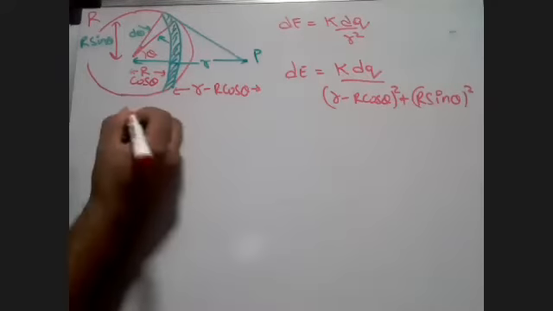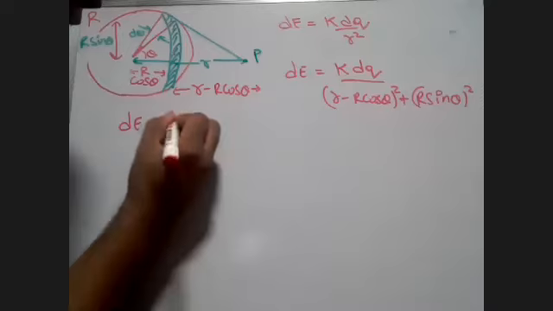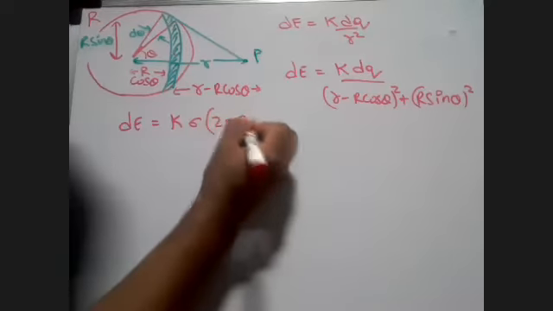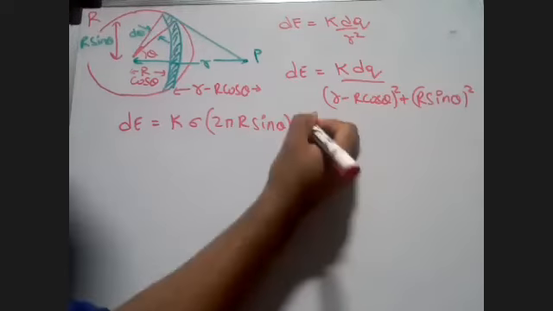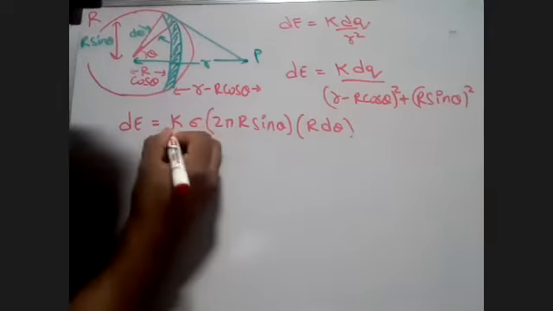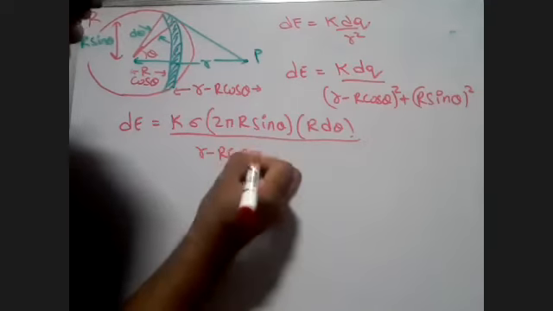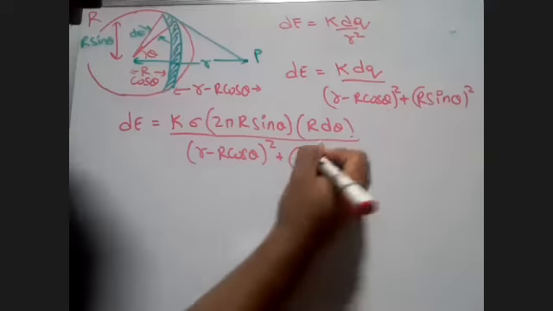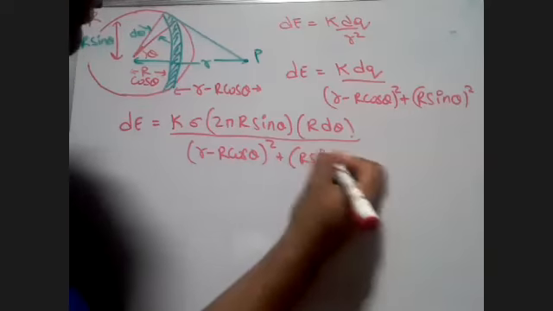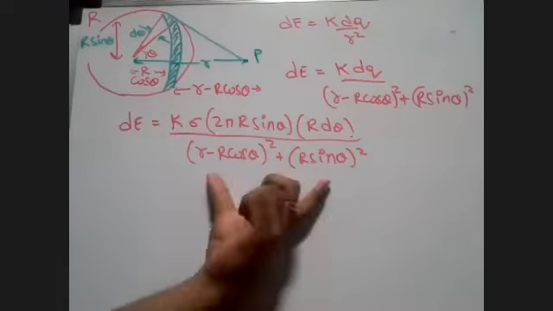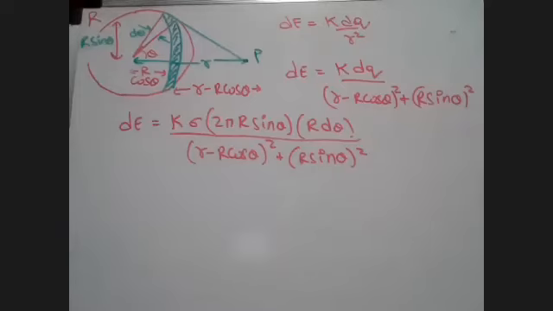What we will get is dE equal to k into dq, which is sigma times the circumference of the ring, 2 pi r sin theta, into the thickness of the ring, r d theta, upon small r squared, where this is the distance between the point P and the ring. Of course, the square root gets cancelled because small r is squared.